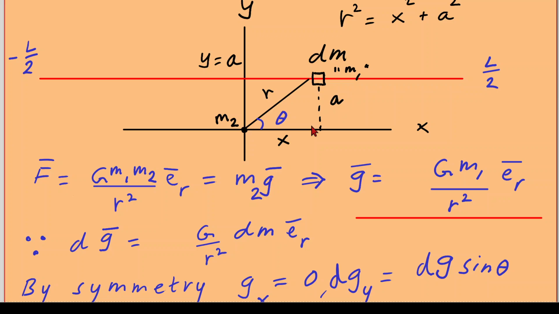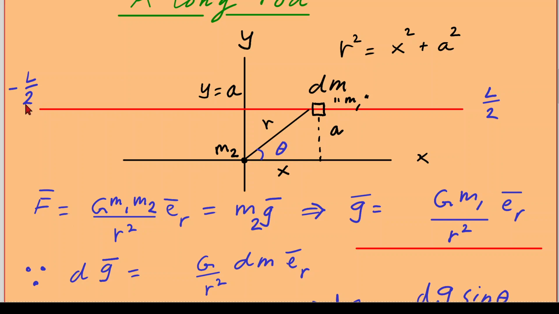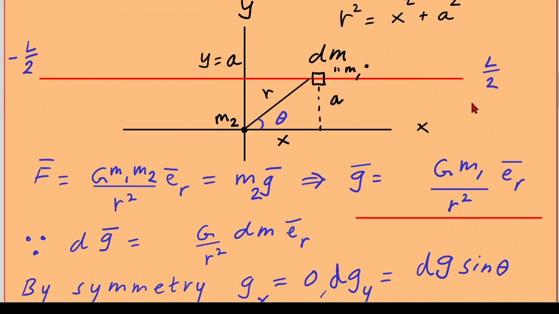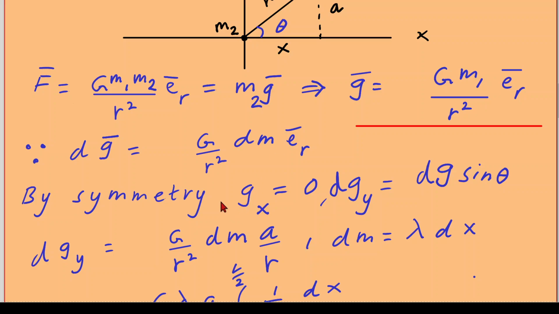When you add those vectors in the x direction, it will be 0. So in the total problem, when we integrate all of them, there will not be any g_x component. So we dismiss that immediately, and we concentrate on the g field in the y direction instead.